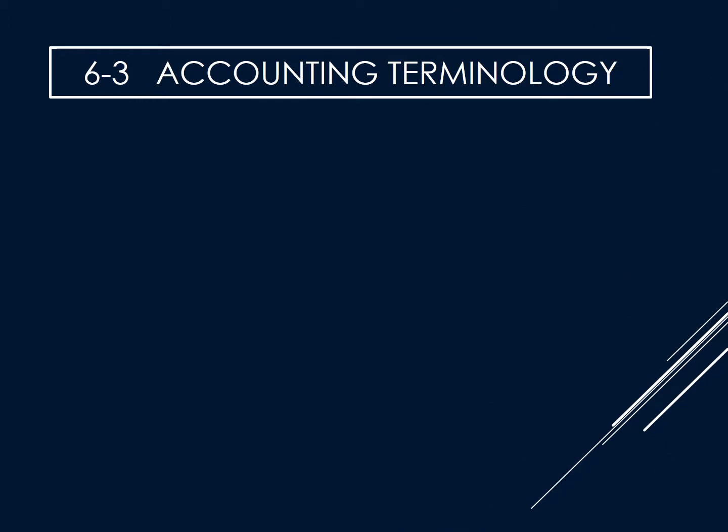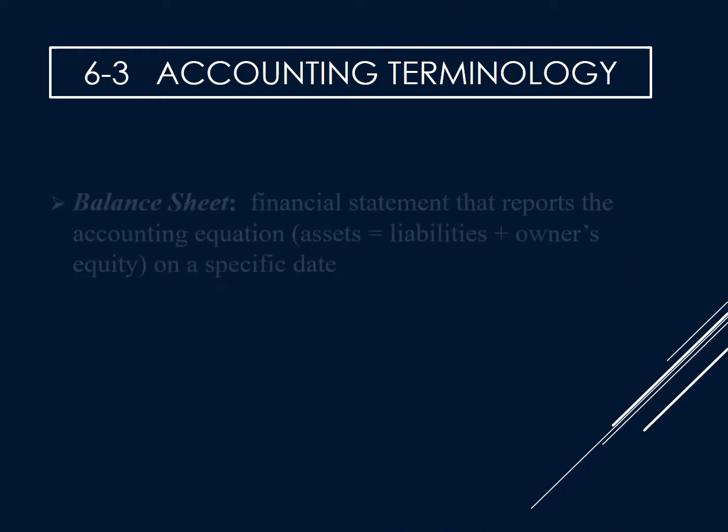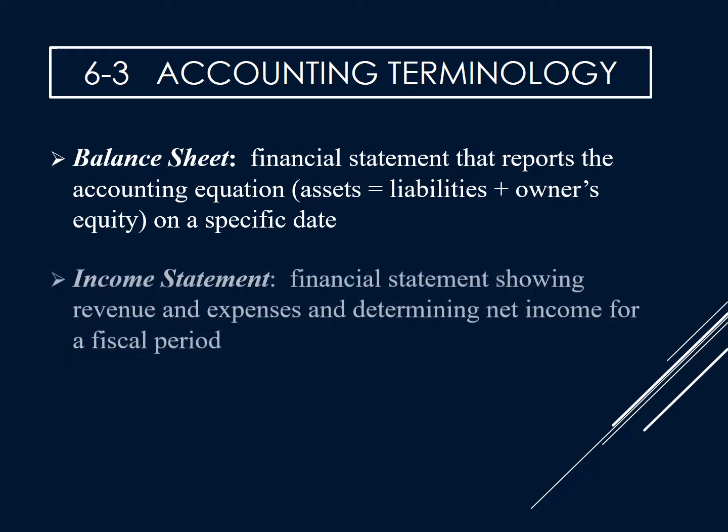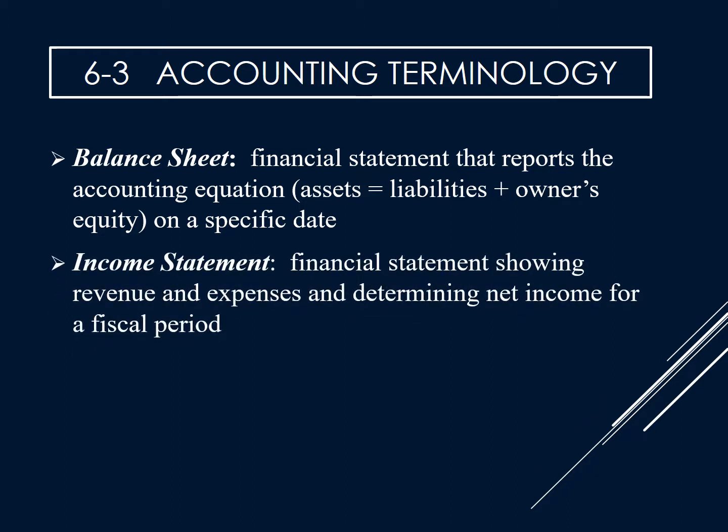Three, Accounting Terminology, and welcome back. Balance sheet. The balance sheet is a financial statement that reports the accounting equation, assets equals liabilities plus owner's equity, on a specific date. The income statement is a financial statement showing revenue and expenses and determining net income or net loss for a fiscal period.